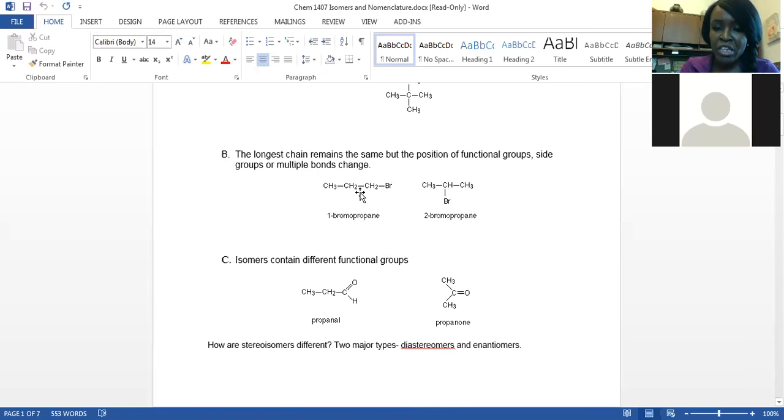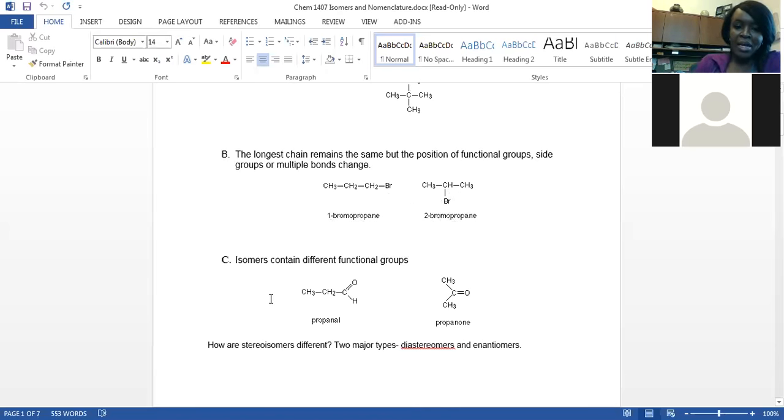On the left, it's connected to the first carbon. Usually the carbon that you arrive at when you're going from the left to the right or the right to the left is considered the first carbon. So this bromine is attached to carbon 1 from the right, but this bromine in the second structure is connected to carbon 2. That makes these different compounds, and they even have different names.